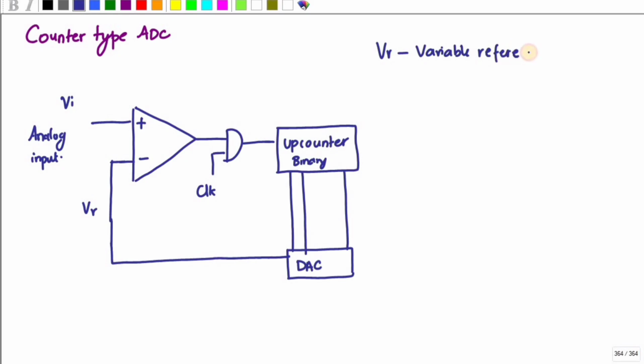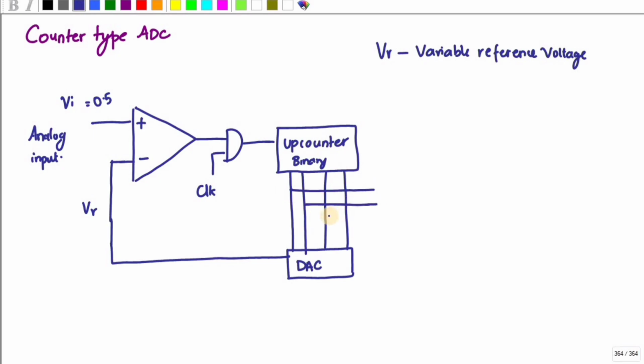Consider if I want to convert 0.5, my analog input, into a digital output. The output is taken from these 4 points.